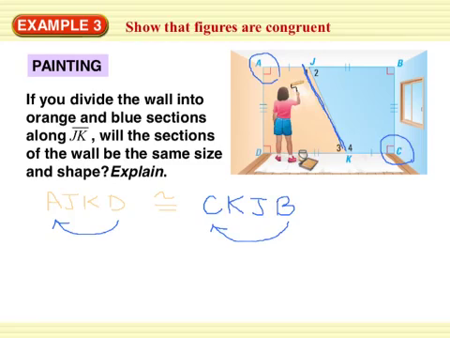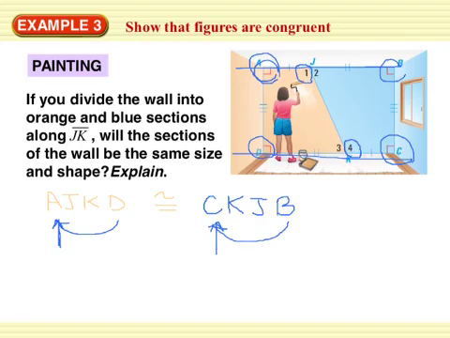Let's see. If you look, all the angles are the same too. Angle A is 90. Angle C is 90. Angle J, let me erase this. Angle J is 1. That angle is 1, where that one's 4, and these are parallel lines because of all the 90-degree angles.